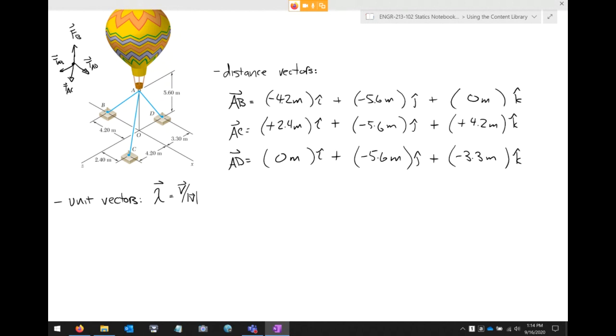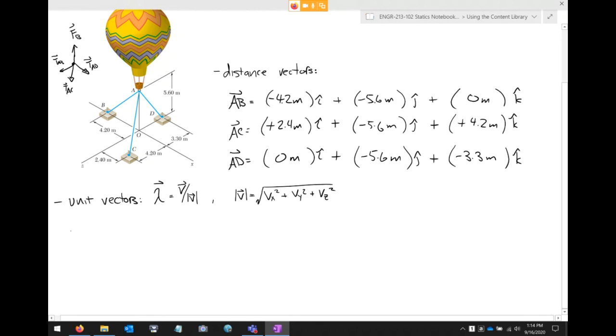So we need to determine the magnitude of each of these vectors. The magnitude of a vector is just the x component squared plus the y component squared plus the z component squared, and we take the square root of all that.